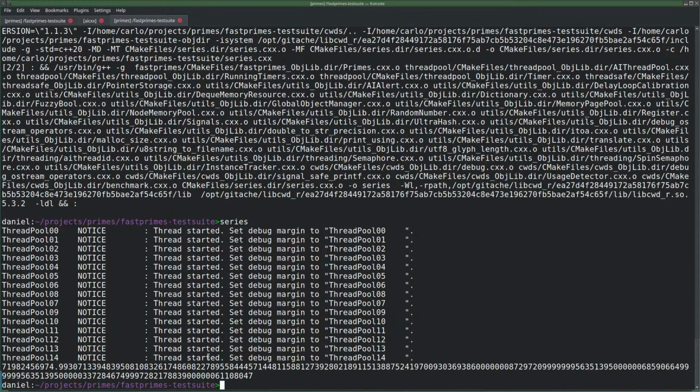Oh, there we are. So now we have 2 9s. So yes, the number was 7198 2456974. It was all good. And note also that the 2 9s are pushed inside here.